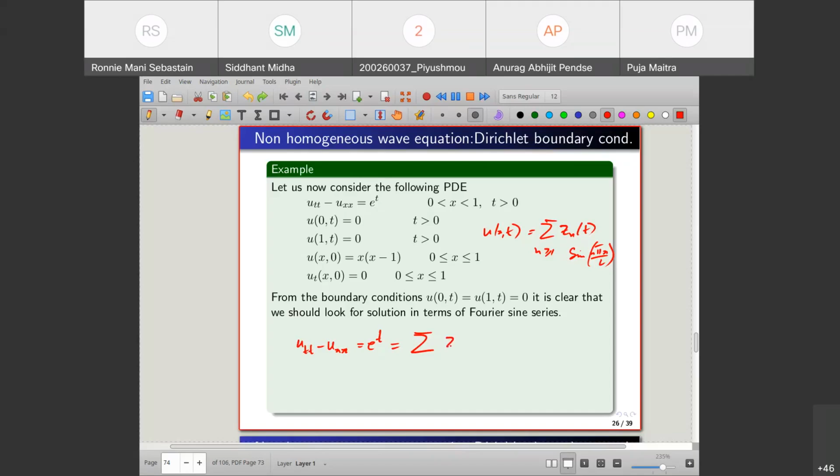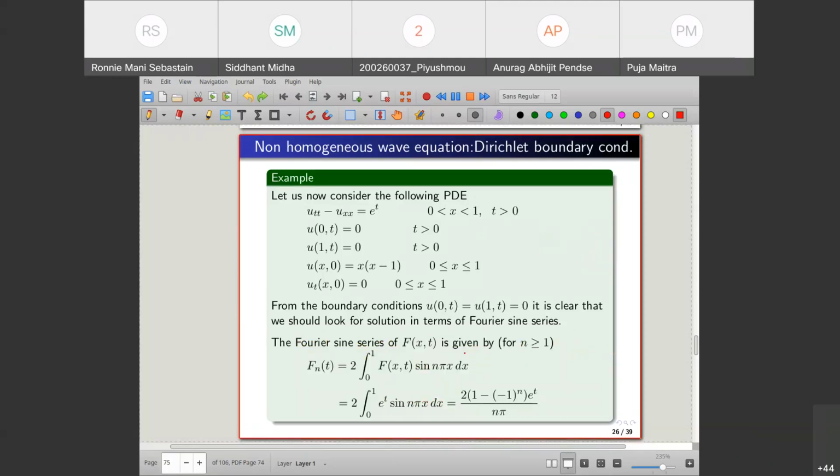Z_n''(t) plus n squared pi squared Z_n(t), into sine(n pi x), summed over n greater than or equal to 1. So we want this thing to equal the Fourier series of the right-hand side, and we want these two to be equal.